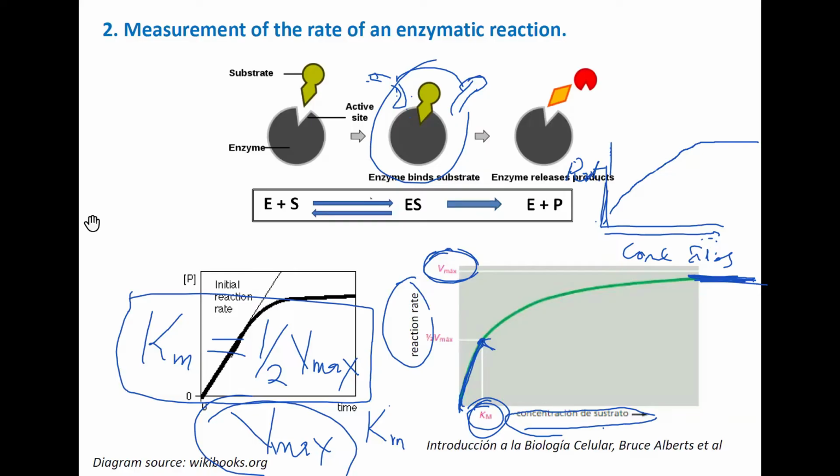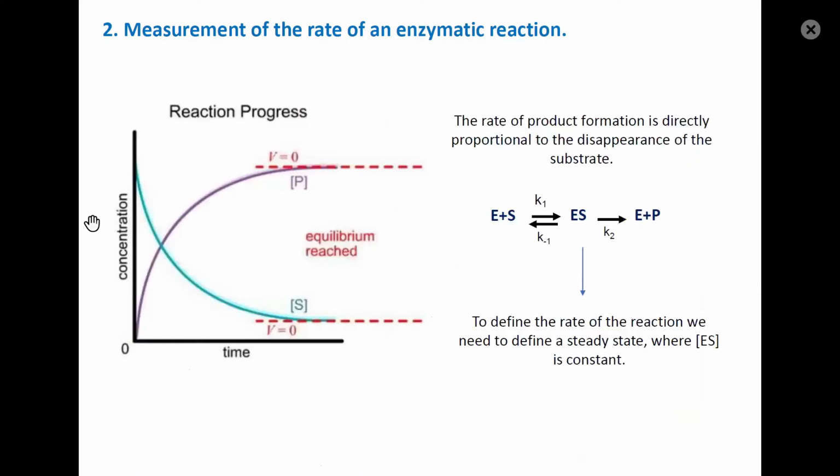So that is this. And of course, the rate of the reaction can still be measured as the reaction progresses. You see at this point we have the concentration here and we have time. As you increase the concentration, the rate of product formation is directly proportional to the concentration of the substrate.